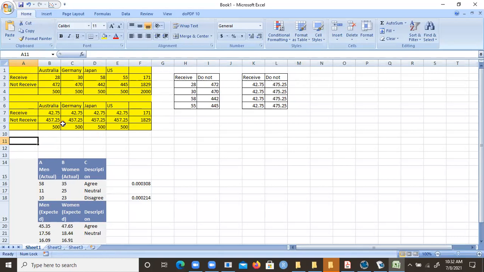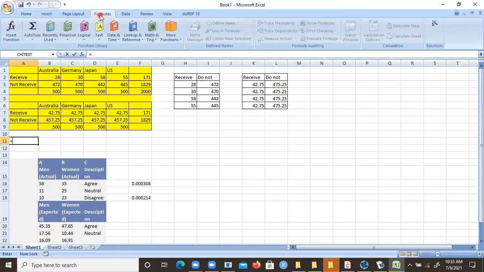How to find this? You have to click a blank cell like this. Double click over here. Put an equality sign. Now you can select the function from formulas, or you can type it in over there. There are two ways. Let me show both the ways to you.